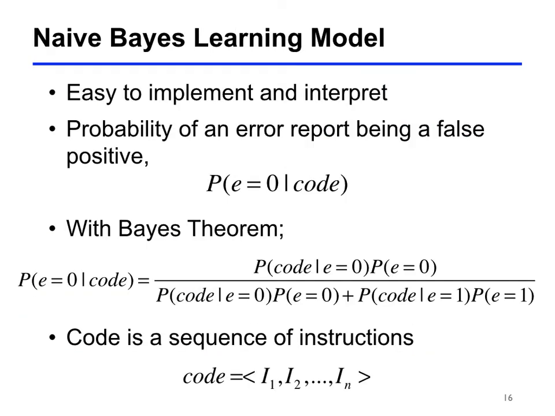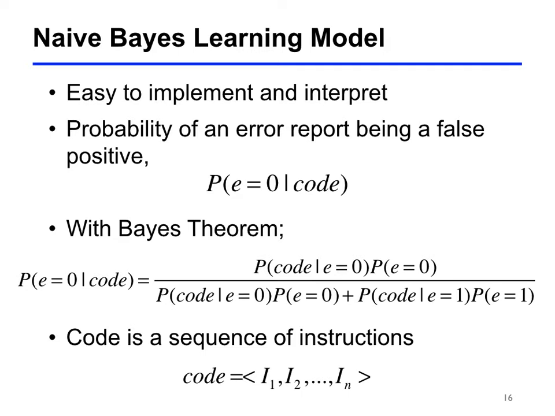Alright, the first learning model is naive Bayes. We opt to use this model because it is easy to implement and it enables us to find correlations in the dataset. We formulate the problem as computing the probability of an error report being a false positive given the underlying code. Here, code is the program analyzed.